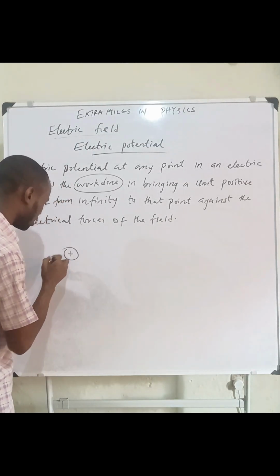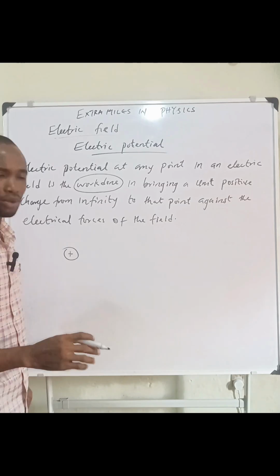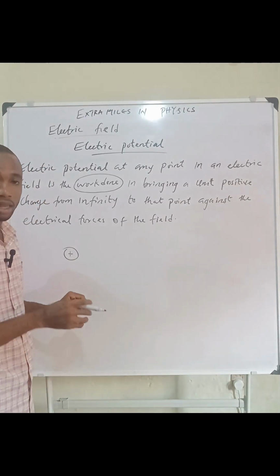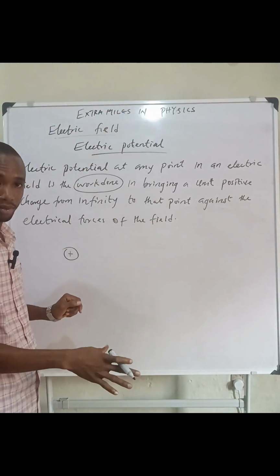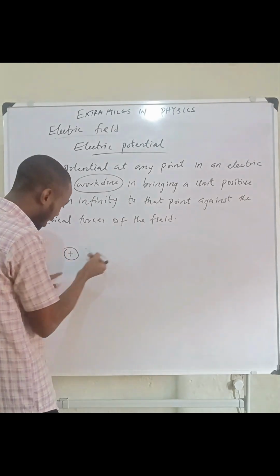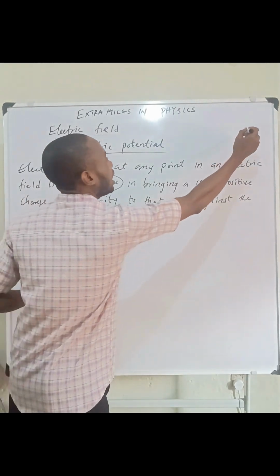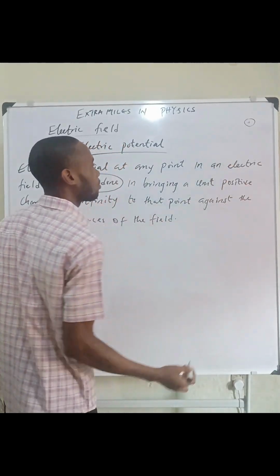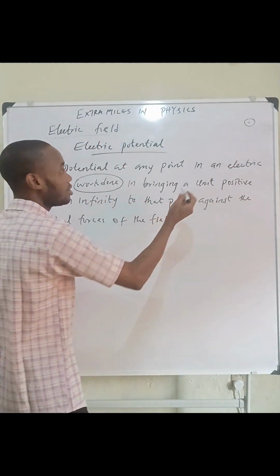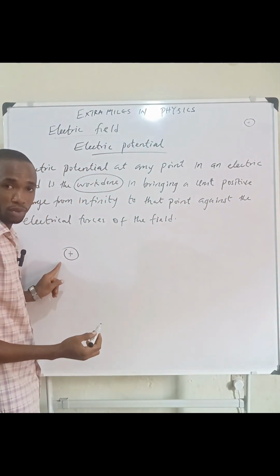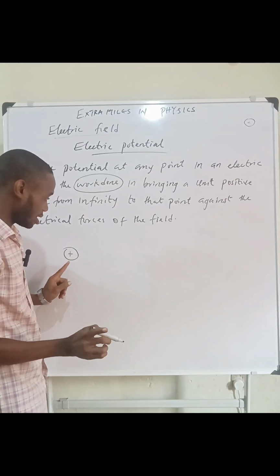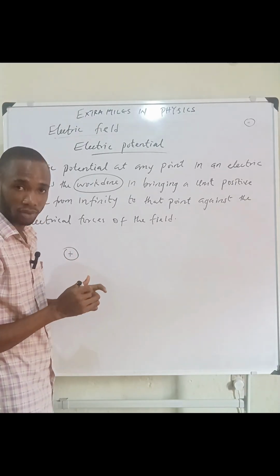Now let's say that I have a test charge here. Then there is another positive test charge that is somewhere far away. But I want to bring that charge closer to this one. So let's say that charge is somewhere here. Since I have positive and positive, there will be a repulsive force.